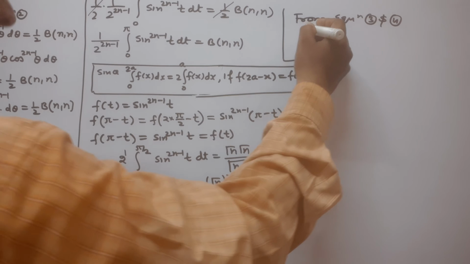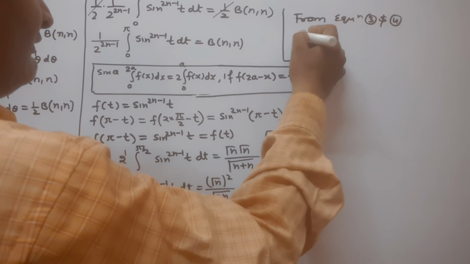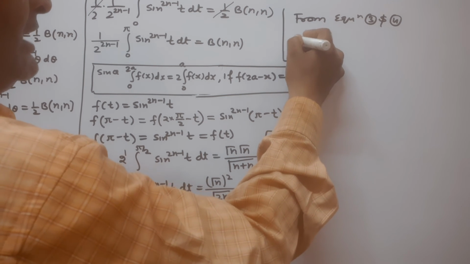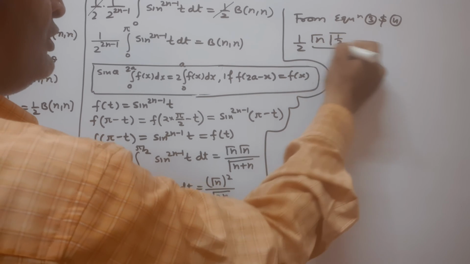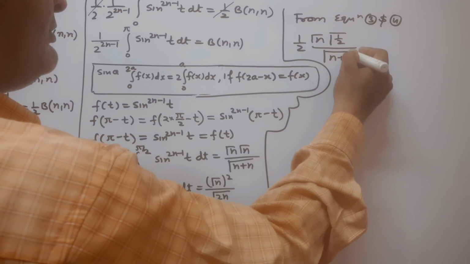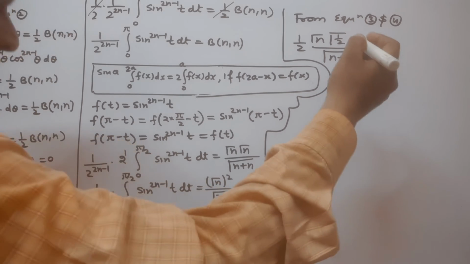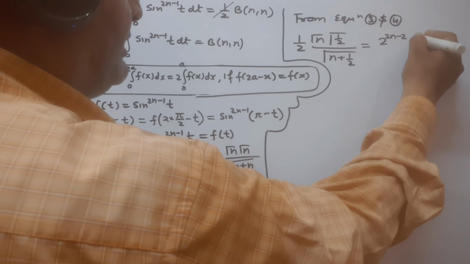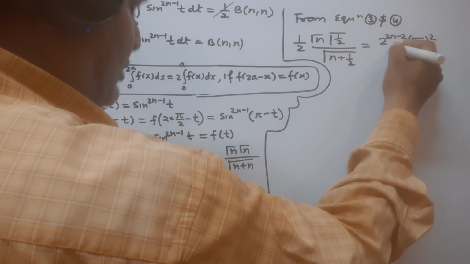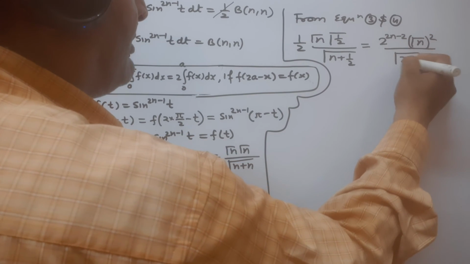So here from 3rd and 4th, we can write 1 by 2 gamma n gamma 1 by 2 divided by gamma n plus 1 by 2, this is equal to 2 to the power 2n minus 2 multiplied by gamma n square divided by gamma 2n.